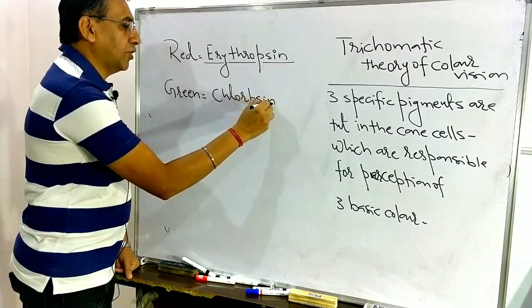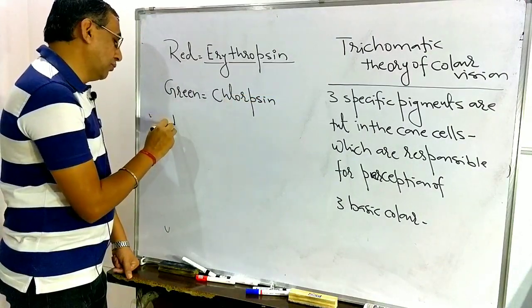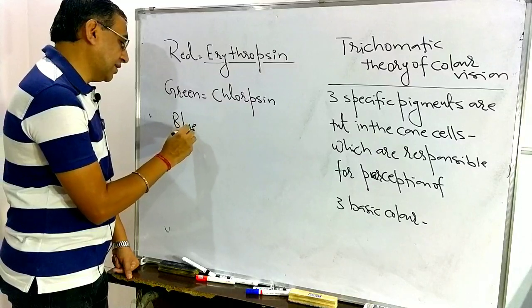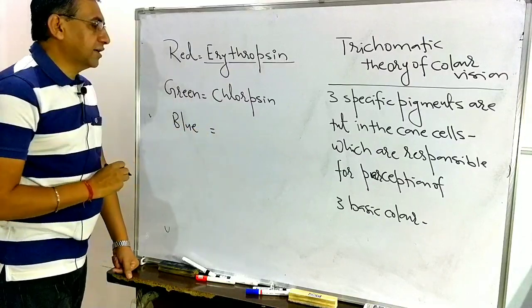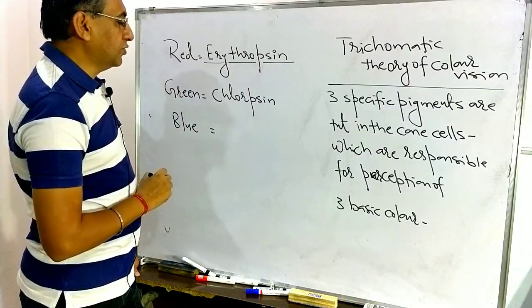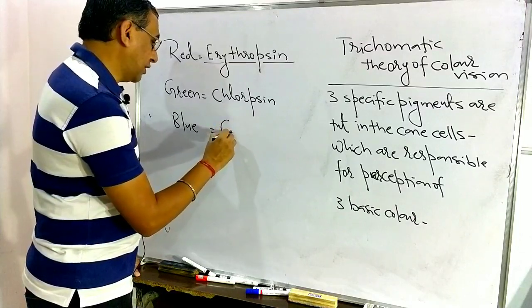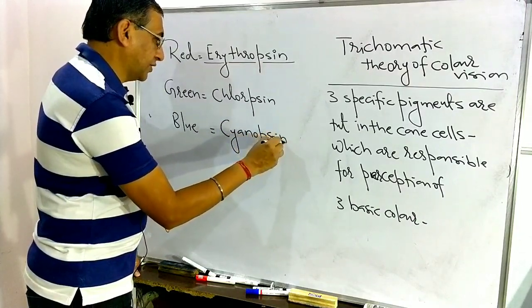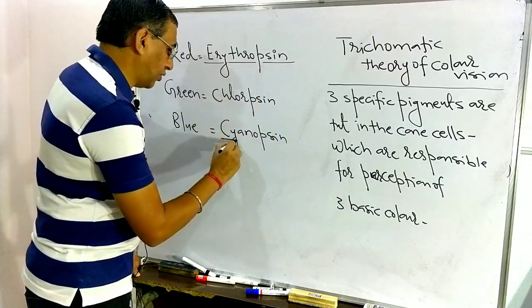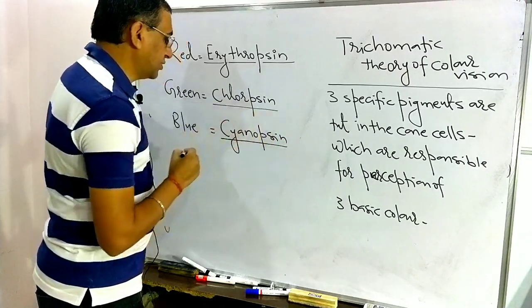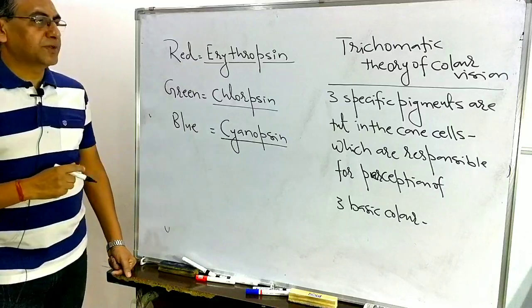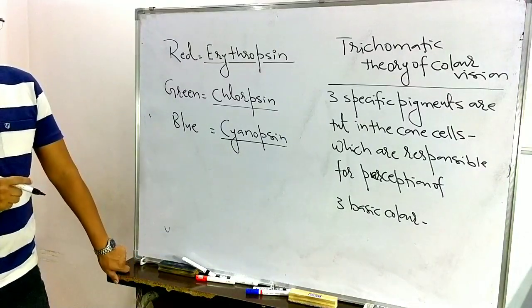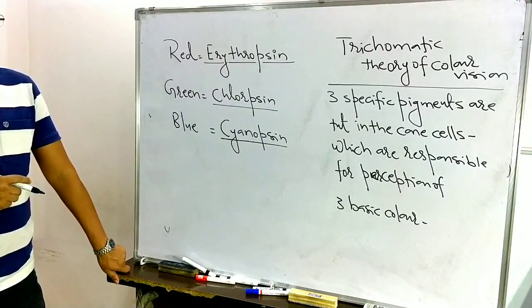And for the blue color, these are the three basic colors, red, green, and blue, the pigment is known as the cyanopsin. So these are the three specific pigments which are present in the cone cells and which are responsible for the perception of three basic colors.